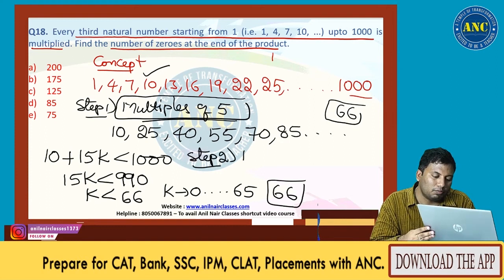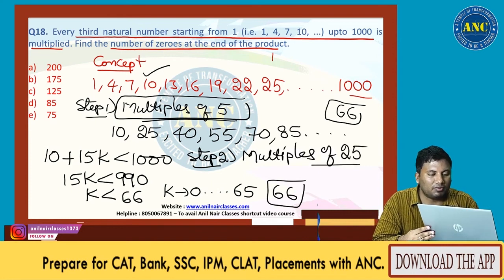Step 2. Multiples of 25. Extra zeros will come. Let us check what the multiples of 25 are.